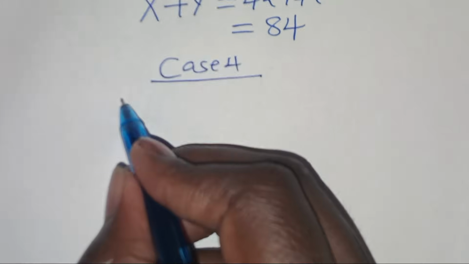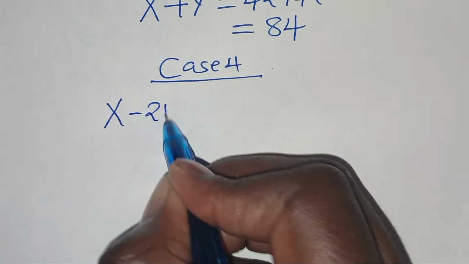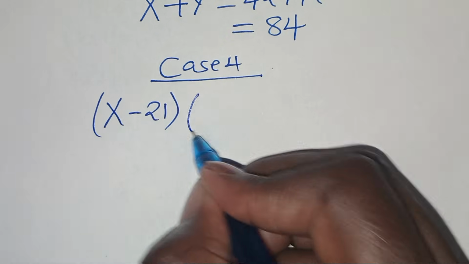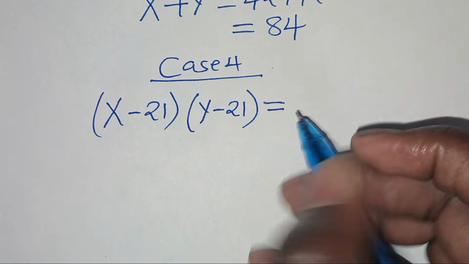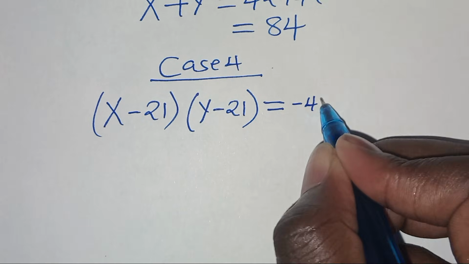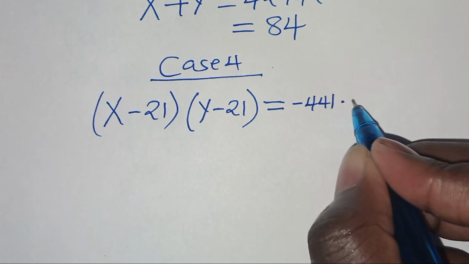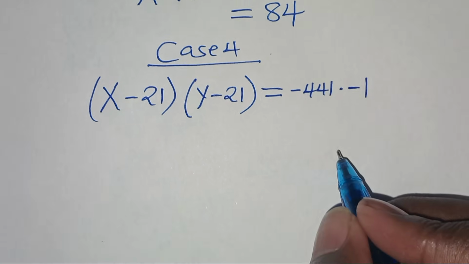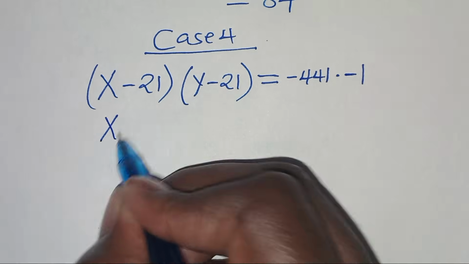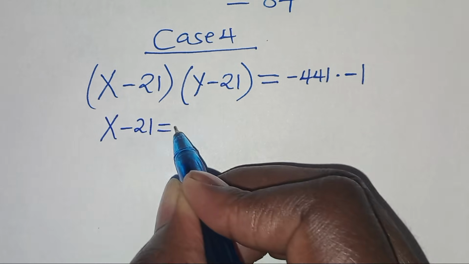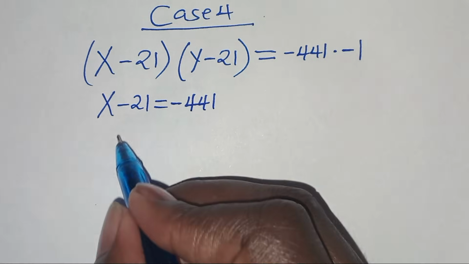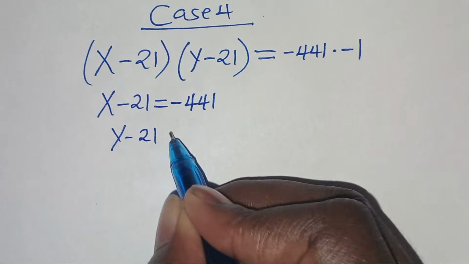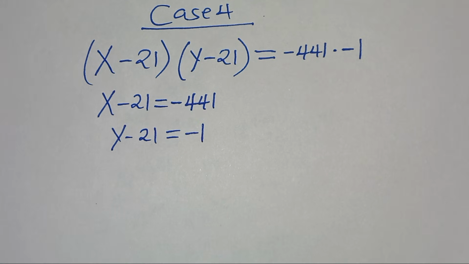We have x minus 21 multiplied by y minus 21 equal to minus 441 times minus 1. This implies that x minus 21 is equal to minus 441, and y minus 21 is equal to minus 1.